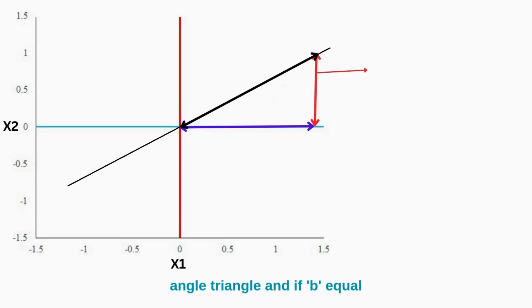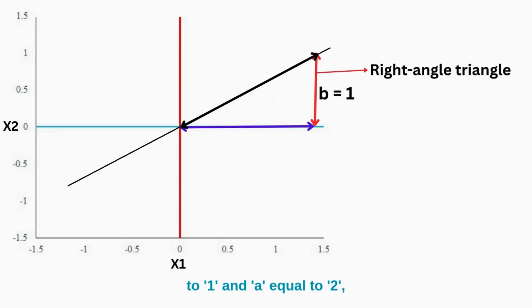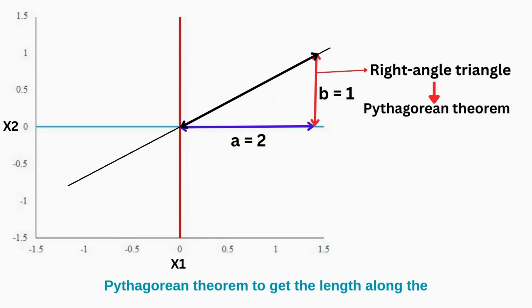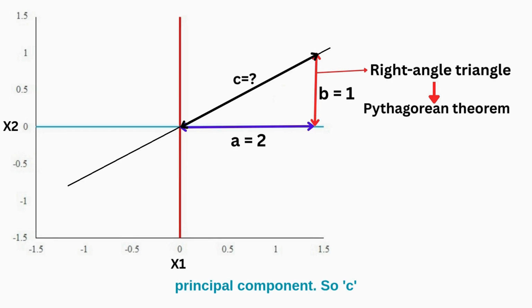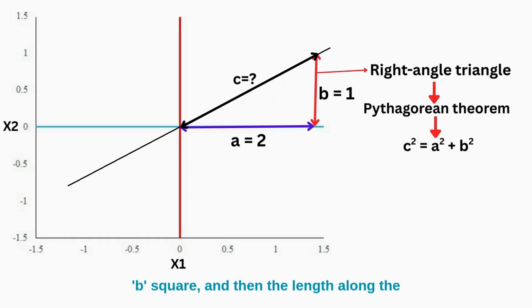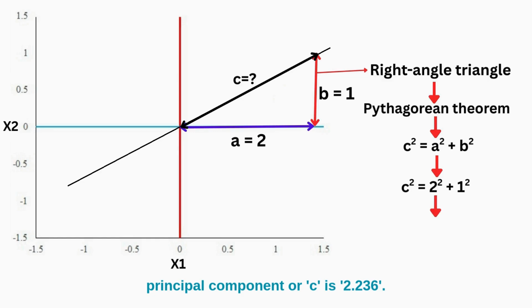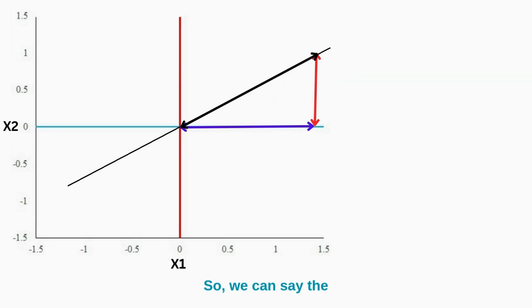This is a right angle triangle, and if b equals 1 and a equals 2, we can apply the Pythagorean theorem to get the length along the principal component. So c square equals a square plus b square, and then the length along the principal component, or c, is 2.236. So we can say the length of c is 2.236 when a is 2 and b is 1.